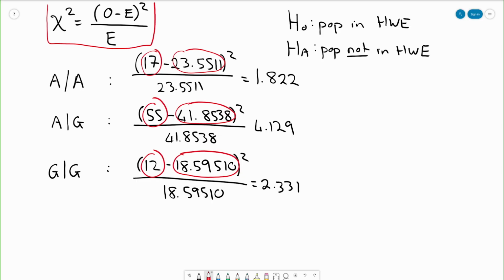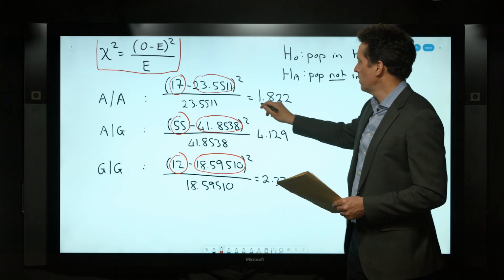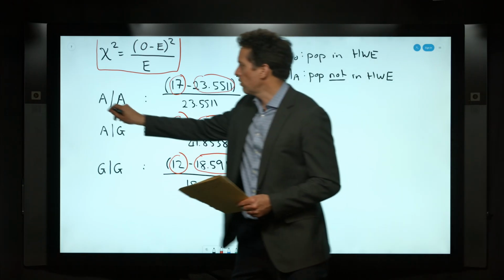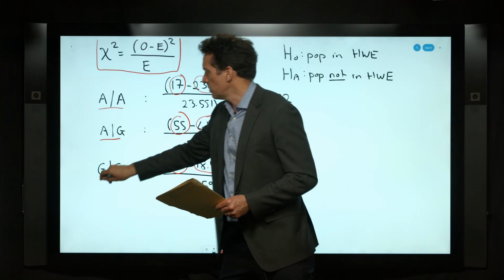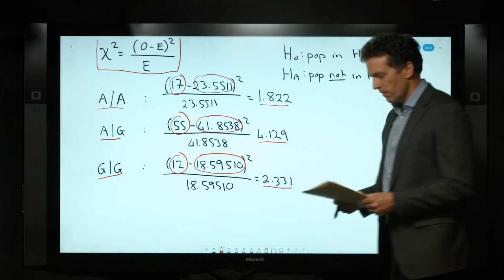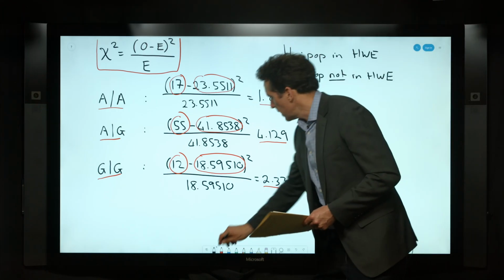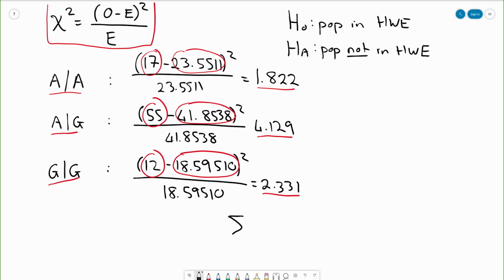When we square the difference and divide by the expected value, we get the chi-square value for each of those three genotypic classes. And of course, what we want to do now is sum up those chi-square test statistics. The sum of all the chi-square test statistics is equal to 8.282.